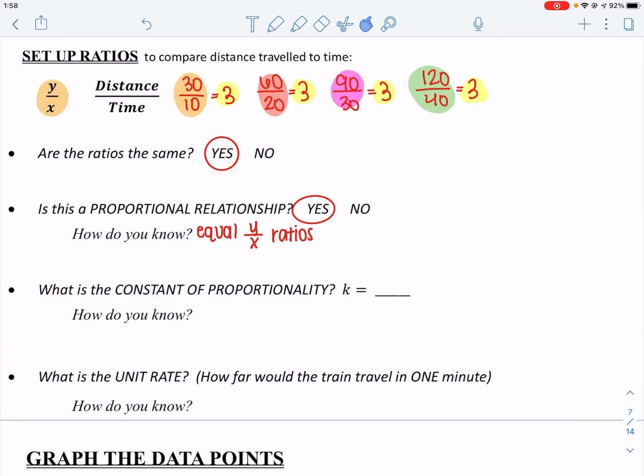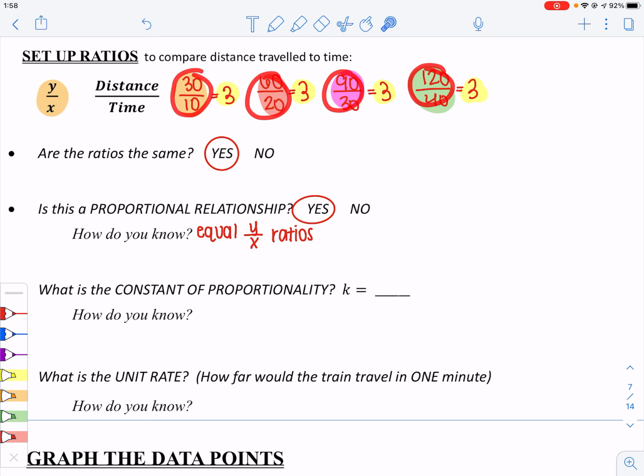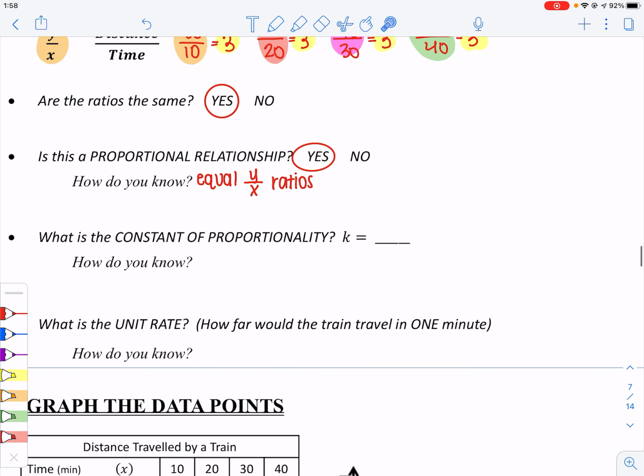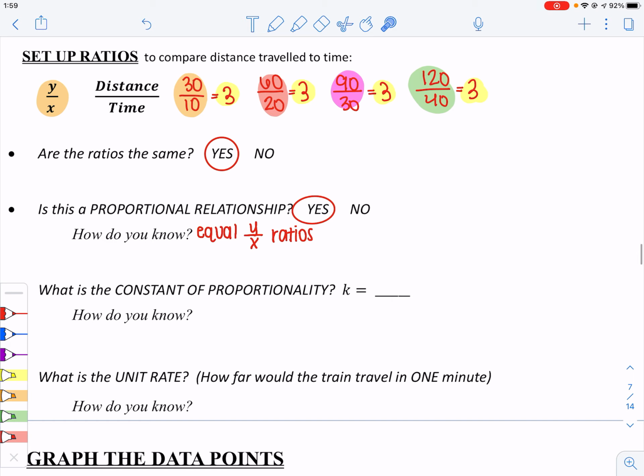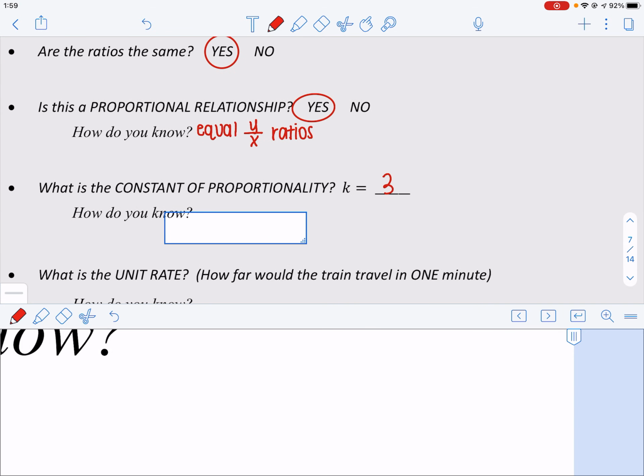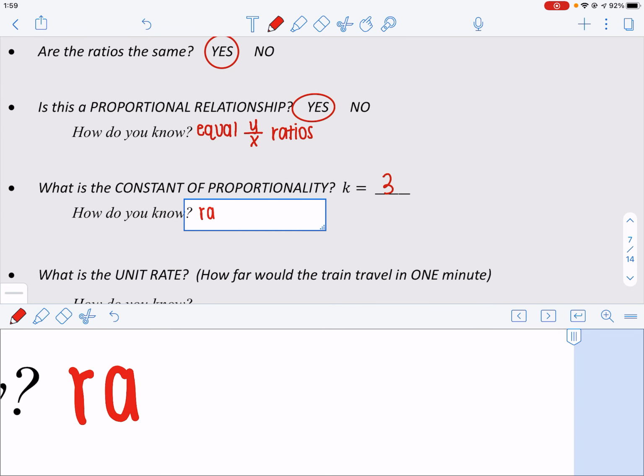Because all of these fractions simplified to the same number when I divided them, I know that is proportional. My constant of proportionality is just the number you got when you divided everything. So here when I divided y divided by x, I got 3. So that means my k value is 3. And that's my ratio from above.